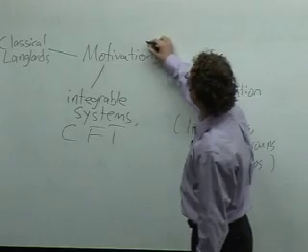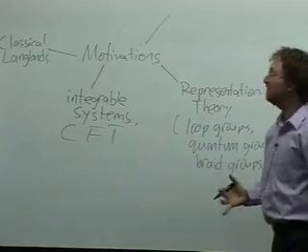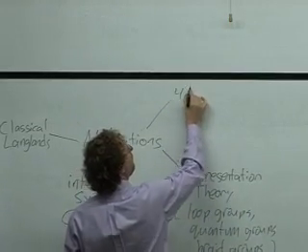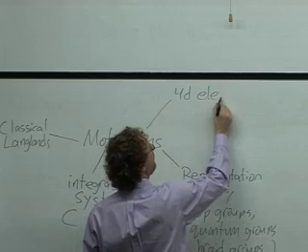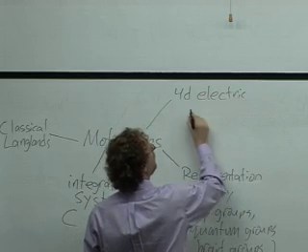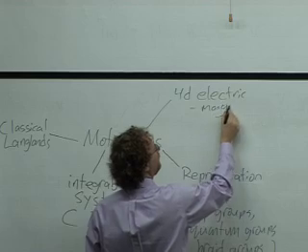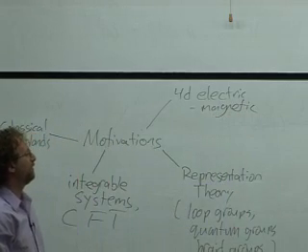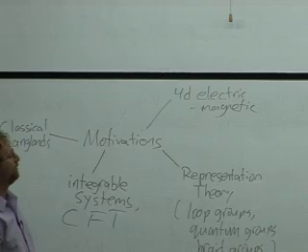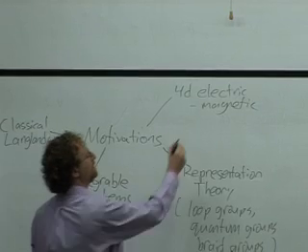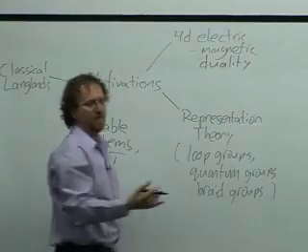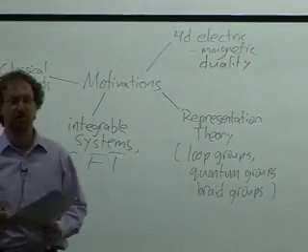And perhaps the most convincing motivation to me is four-dimensional electromagnetic duality. So we found out in the last year or so, thanks to the work of Kapustin and Witten, that the geometric Langlands program can be thought of as a two-dimensional manifestation of a fundamental phenomenon in 4 dimensions.